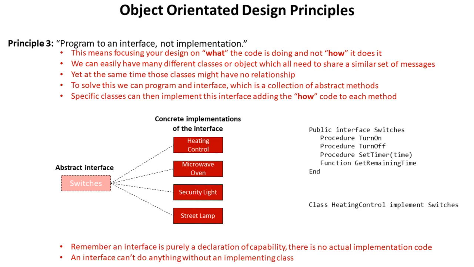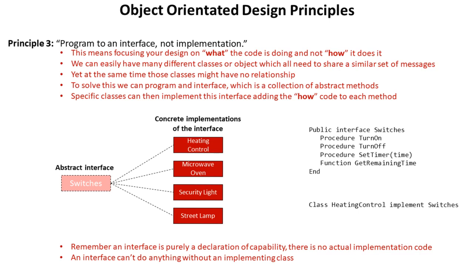The final principle is programming to an interface and not an implementation. So this basically means you're focusing your design on what code is doing, not how it actually does it. It's quite possible that we could easily have many different classes or objects which all need to share a similar set of messages, procedures, functions and methods.